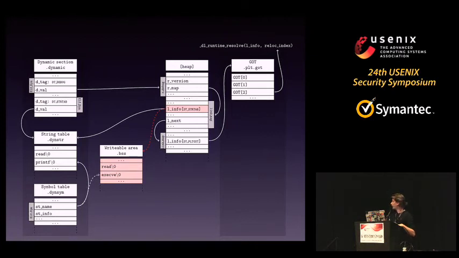But this is not enough, because then we dereference the l_next pointer, which is just a pointer to the next element in the linked list, and we get into the link map, the data structure describing the first loaded dynamic library. And from there is a pointer to the GOT, and from the GOT we go to the third entry, and we have a pointer to the DL runtime resolve. So we basically have been able to change the base address of the string table, and we have been able to recover the address of DL runtime resolve. We can perform our attack again and also bypass a full RELRO.